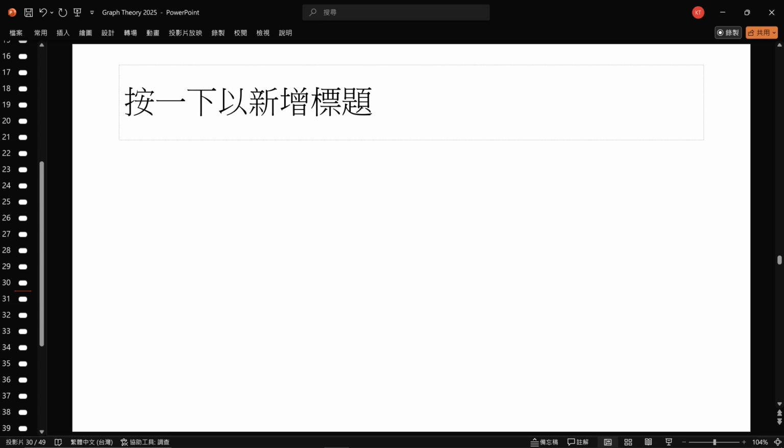So we're going to prove by contradiction. So we're going to assume that every component does not have a cycle. And then we try to get some contradiction.